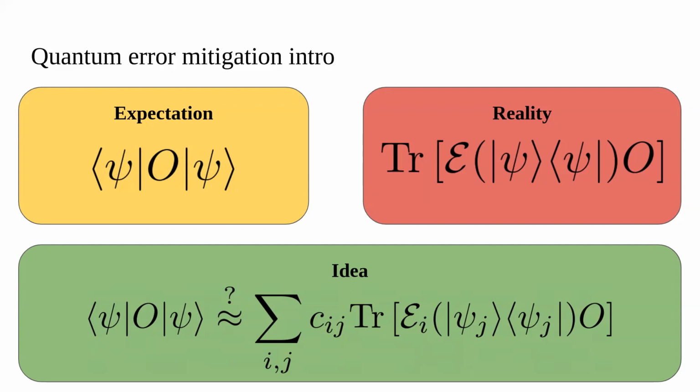This might seem a little weird, but I'll explain this in the next slide. And then we're parameterizing this with i and j. And then maybe we can add some coefficients and try to sum these together with these weighted coefficients to get closer to the correct expectation value, what our expectation would be in a noiseless case. So that's pretty much it. This encompasses a lot of error mitigation techniques, and in particular, the one we'll look at today.